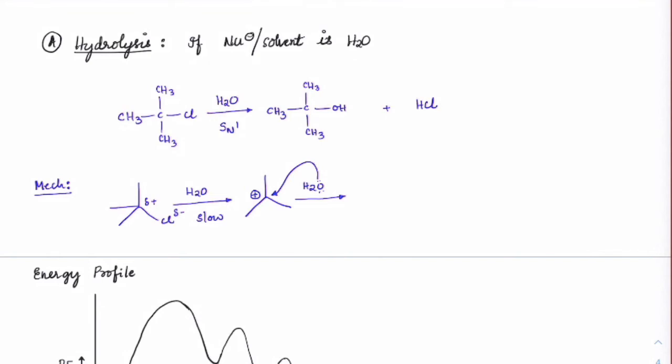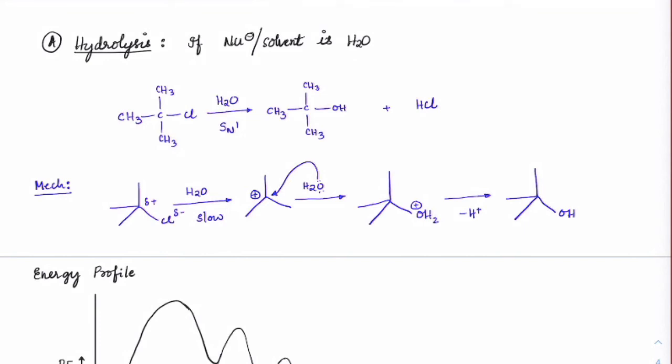As it attacks, you can see it will form OH2 plus, an oxonium type of ion here, and from there H plus will be removed, and finally we will have alcohol as the product.